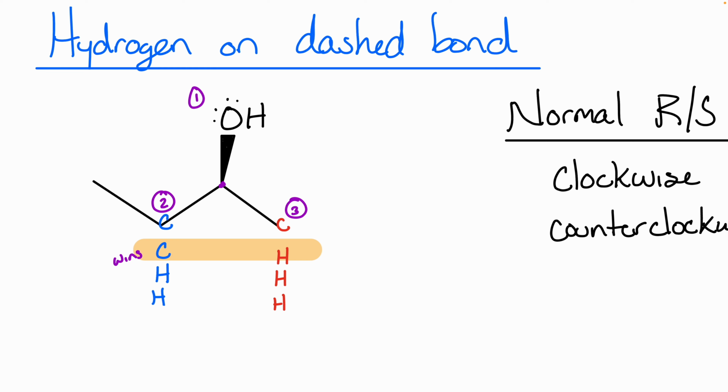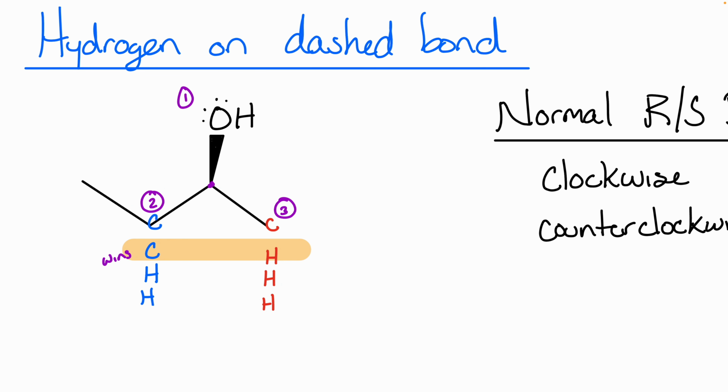All right, so when we're assigning priority, we go based on atomic number. If we have a tie in our atomic numbers, we list all the atoms that are bonded to that atom, and we look at the atomic numbers on that list. So here I'm comparing my carbon to my hydrogen. So that's why that blue carbon gets priority 2.